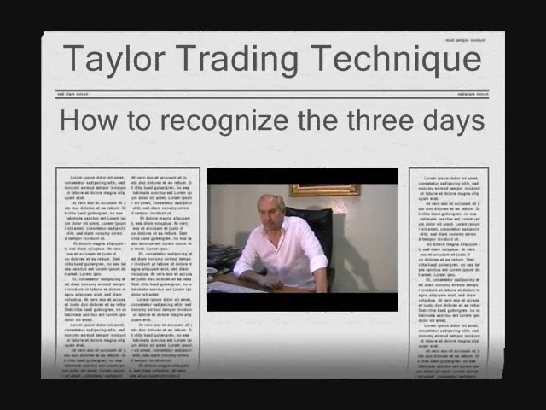Not many traders today know about one of the most successful traders in the history of financial markets. He was George Douglas Taylor, and he lived in the first half of last century.